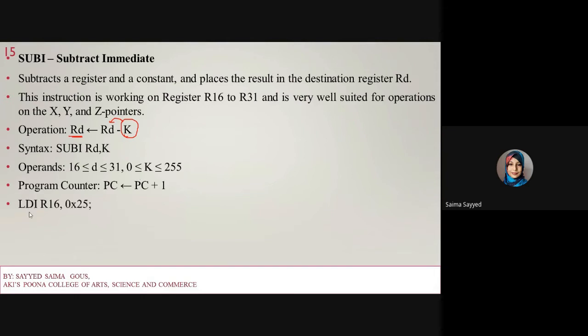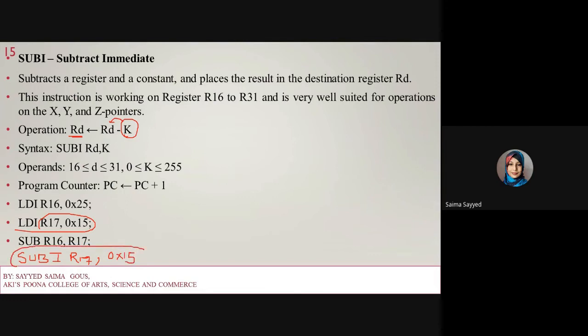So here, see, LDI R16 comma 0x25, that means this 0x25 gets loaded to R16, and load immediate R17, the data 0x15 gets loaded to R17. SUB R16, R17 is the subtract instruction. We can use SUBI as well. Now here I'm going to write R17, so the contents of R17 will get subtracted by 0x15.